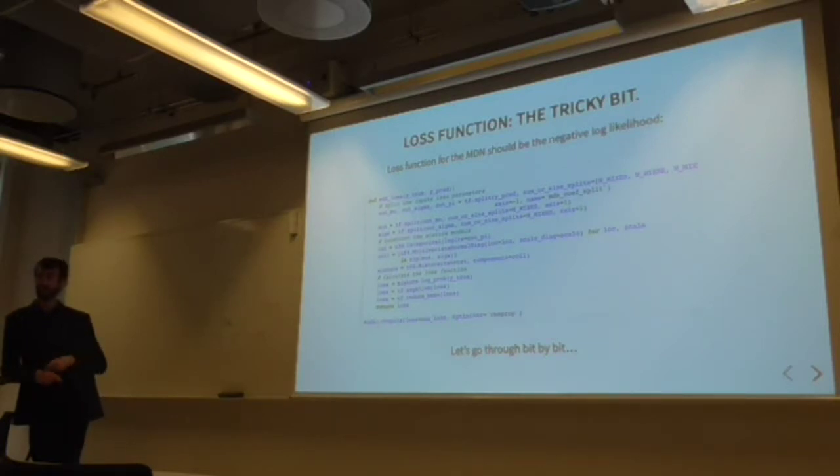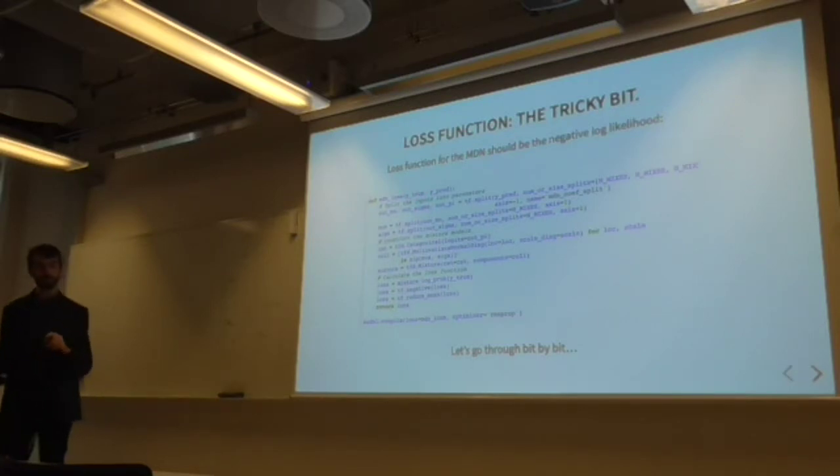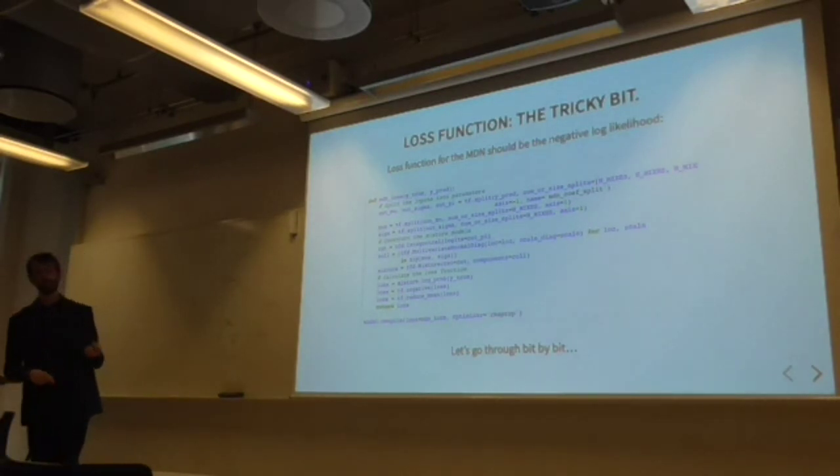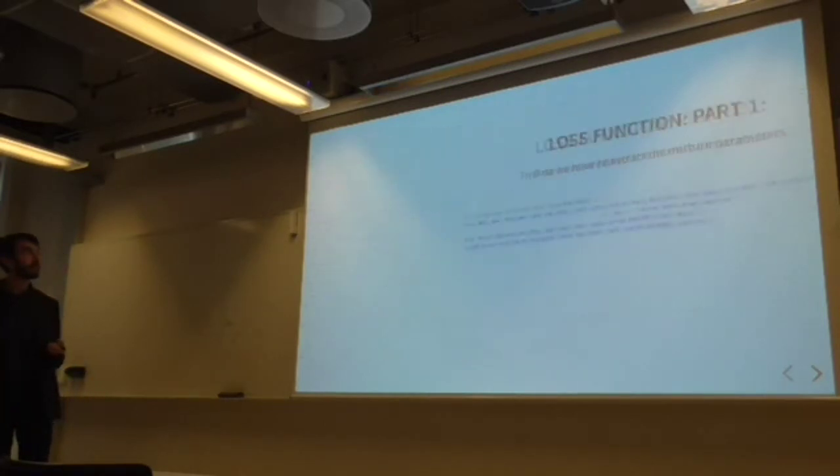So the predicted value is the parameters of this mixture model, and the true value is the number we would like to draw from that model. So we have to construct the PDF, probability density function, of this mixture model using those components and then see what the log likelihood of drawing y true is from it. So that's a little bit of code. I'll just go through it over 3 quick slides, then we'll be done.